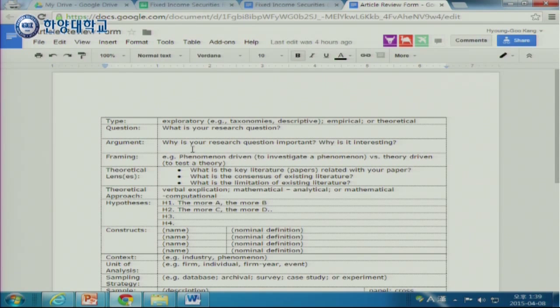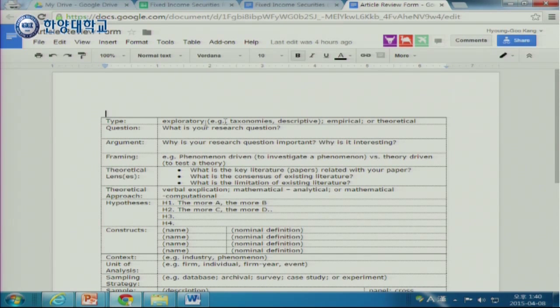Like deduction is like this: every human dies, Socrates is a human, therefore Socrates will die. Actually, he's dead, but that's the deduction, right? Or induction is swan 1 is white, swan 2 is white, swan 3 is white, swan 100 is white, therefore swans are white, something like this. Right? You decide which one you want to do.